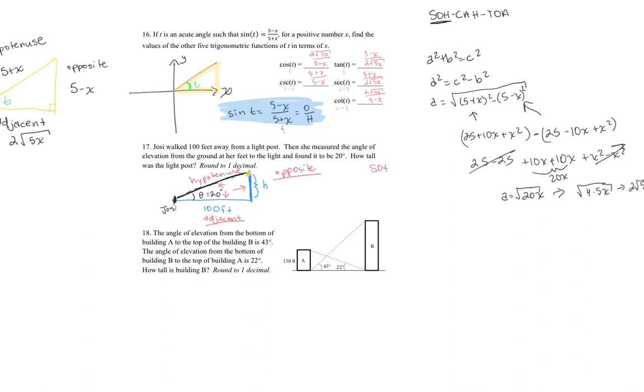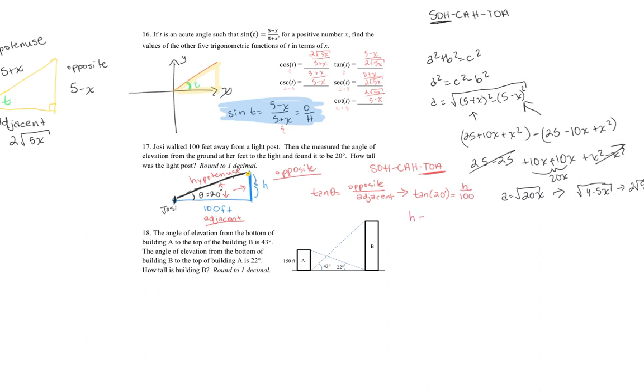So from SOHCAHTOA, we will be using tangent. So tan of our theta is going to be equal to our opposite over our adjacent, which is just saying tan of our 20 degrees is equal to our h over 100.